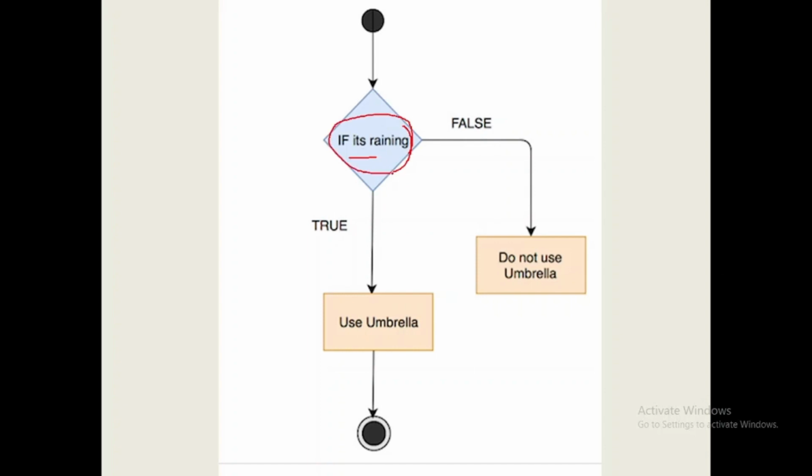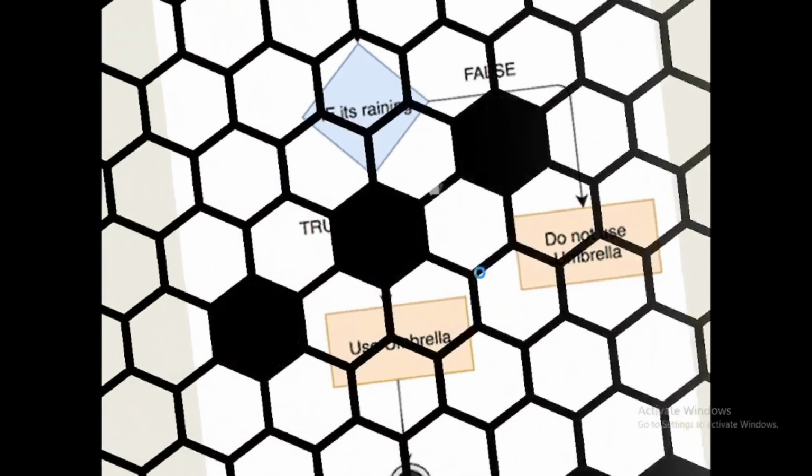In any programming language, these conditions need to be explicitly mentioned, which is exactly what we need an if-else statement for. If it's raining, then use umbrella; if it's true, then this will be executed. If it's not raining, then don't use umbrella, and that will be executed.